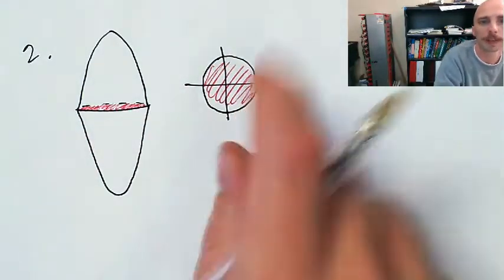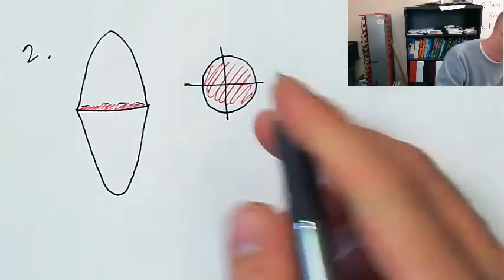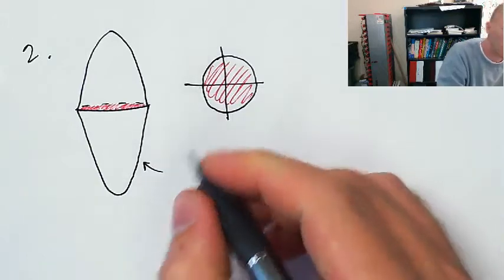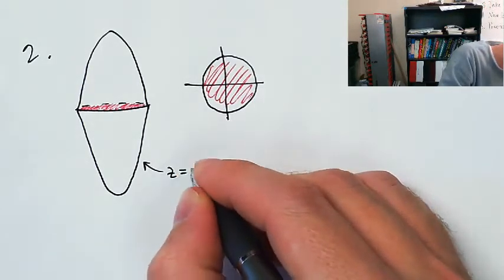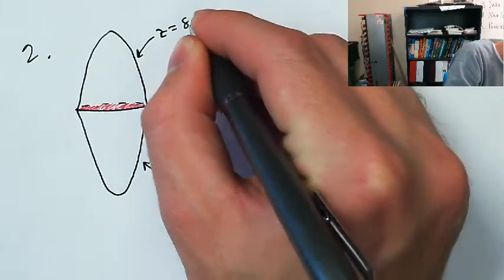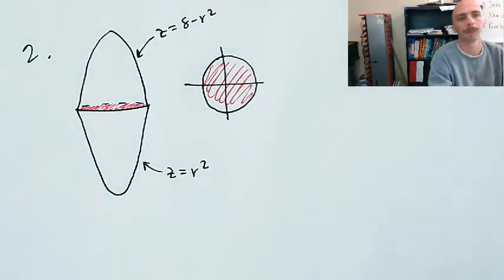Okay, that's the picture of that in the xy plane. Now this equation is z equals x squared plus y squared, so that's going to be, in cylindrical, z equals r squared, and this will be z equals 8 minus r squared.